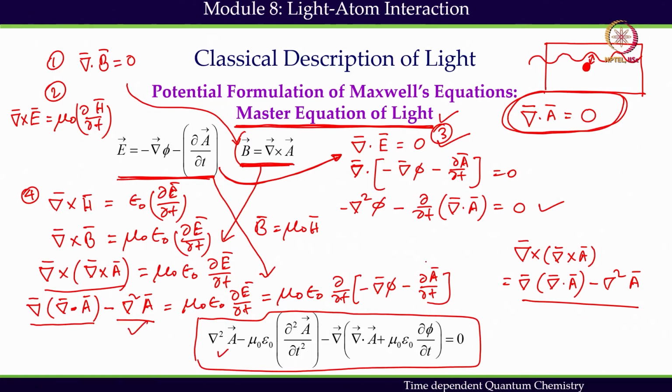This is the double derivative, the second derivative with respect to time. So this time derivative part is coming here, and then the entire gradient part is here. I have a gradient here and also a gradient here, so the entire gradient part comes here.